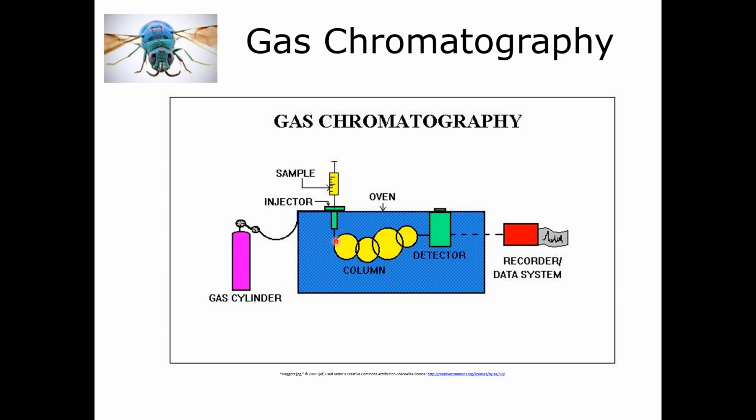So you've got your column right here, and you inject your unknown sample, you add that gas, it moves it along here. And then the compounds, just like in TLC, they're going to separate out based on that gas and that polymer inside the column. Those compounds are going to interact with the walls of the column, and the different compounds are going to be extracted at different times.